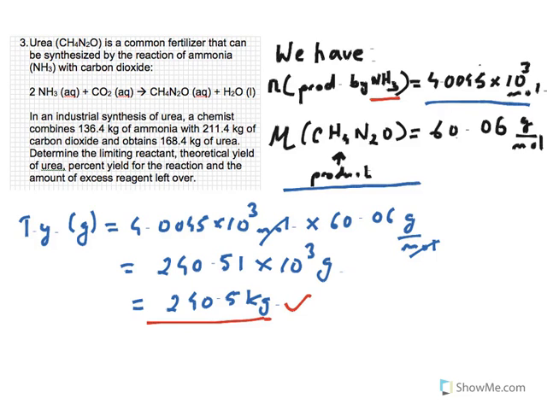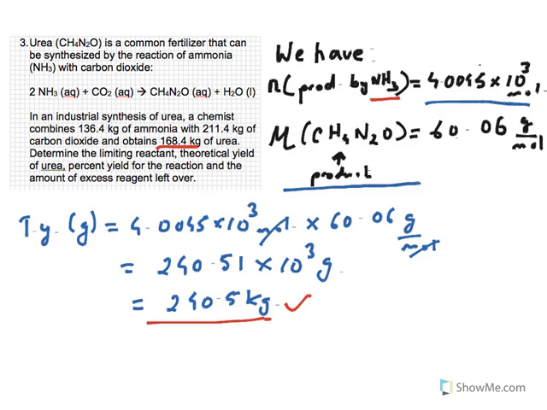According to the question, 168.4 kilograms of urea was not supposed to be created, but it was the amount that the industry made instead of 240.5 kilograms. So that is actually the actual yield of the reaction, and the theoretical yield has been already calculated so far.